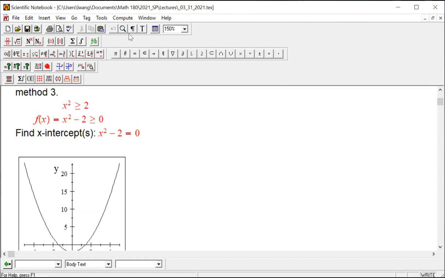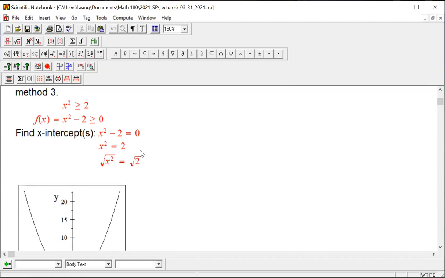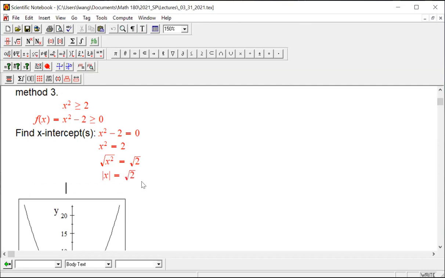That's right. Are you guys doing it with me and having fun? You're ahead of me. So this is x squared, taking the square root, so that's the square root of 2. You go through these steps that we're so familiar with, very basic, reviewing what we did in quadratic 4.